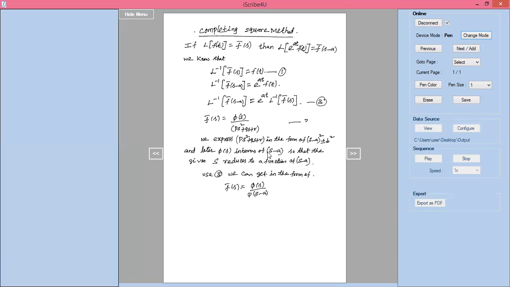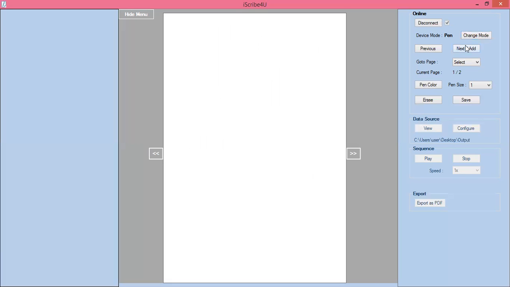So I'll simplify one problem, and you will understand the procedure very easily. We'll see the first problem in this completing square method. They will not tell you to solve by the completing square method; you should understand that.